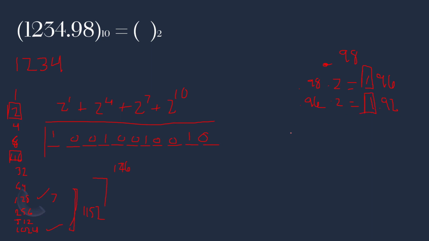Take this part, same thing. 1.84 times 2 is 1.68. 0.68 times 2 is 1.36. 0.34 times 2 equals 0.68. Just read it down.